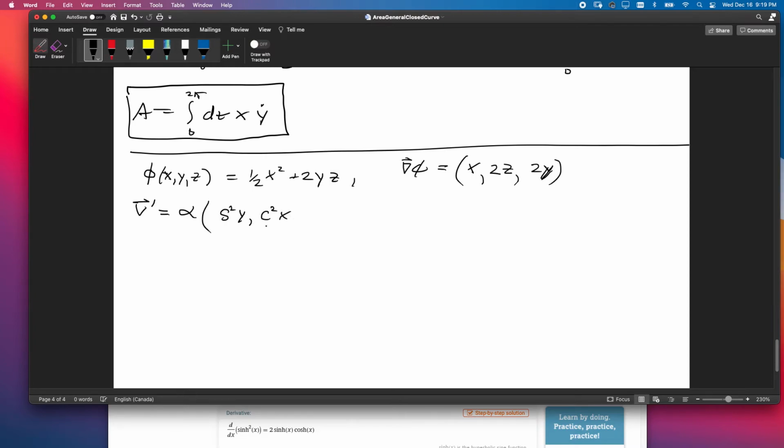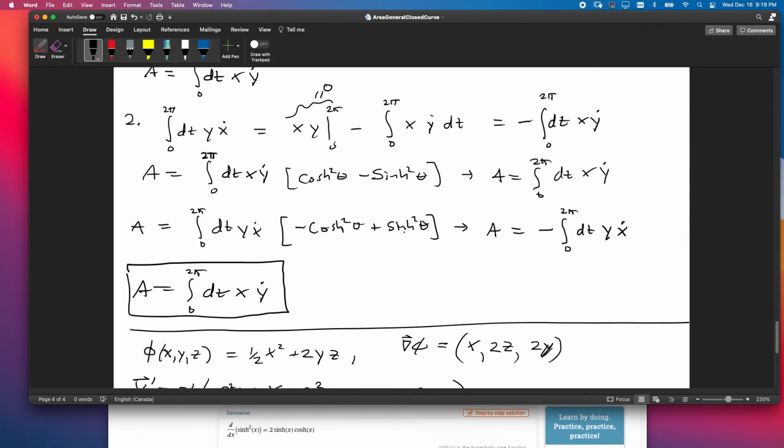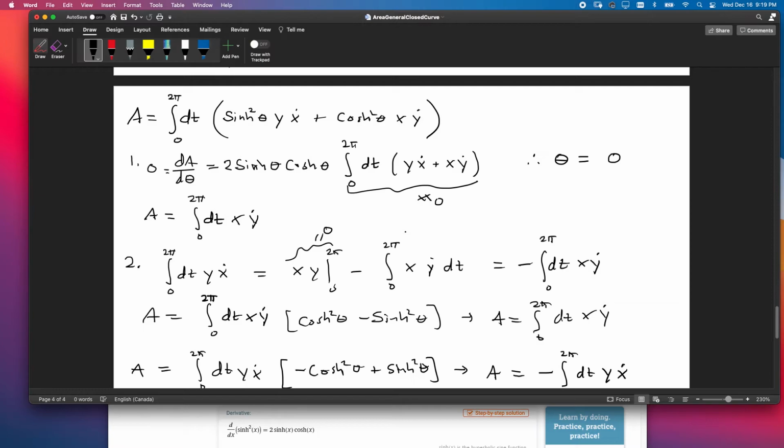Oh, I have to add on, so this is plus x cosh squared x plus 2z. We have 0 plus 2y. Okay.